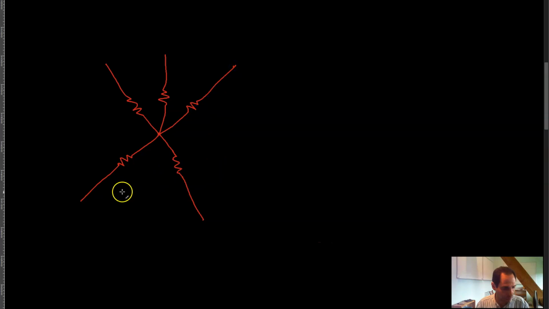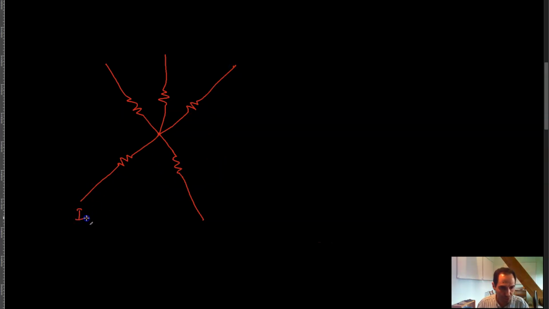So basically what we have here is two resistors over here, and this resistor is also connected here, and then there is another resistor here, another resistor here, and another resistor here.